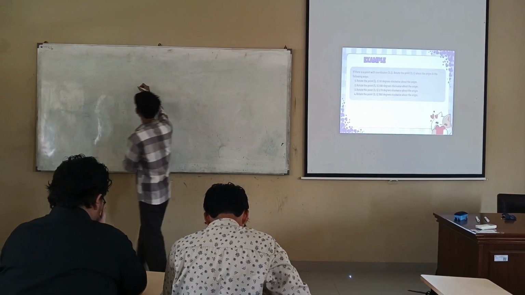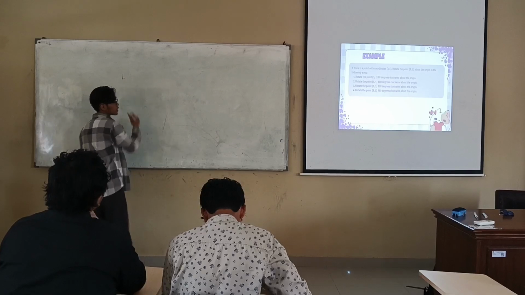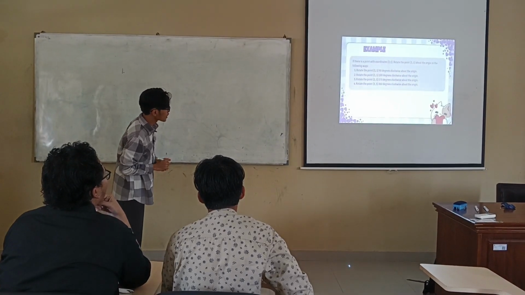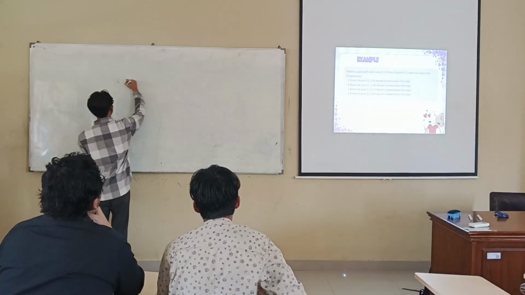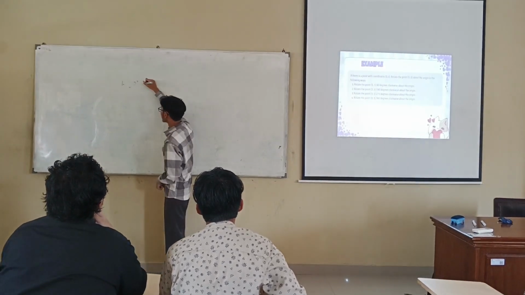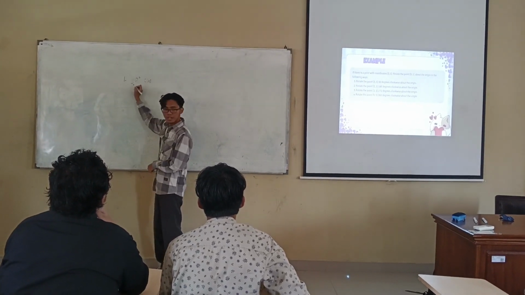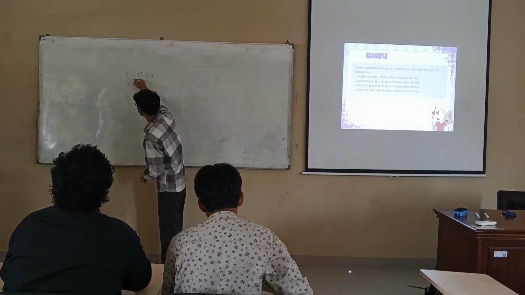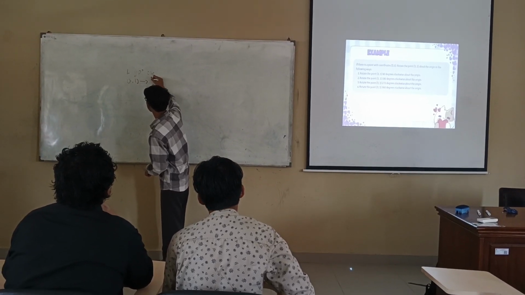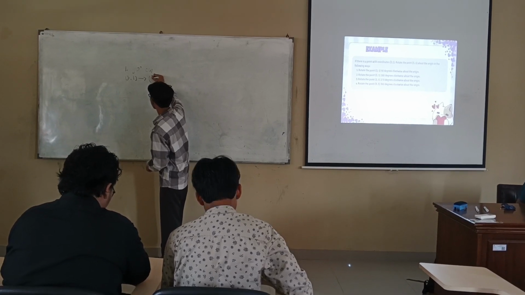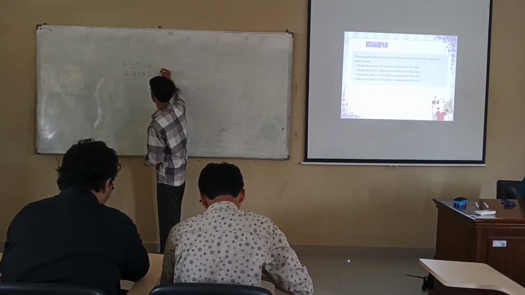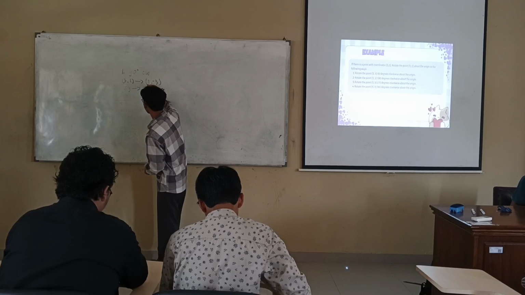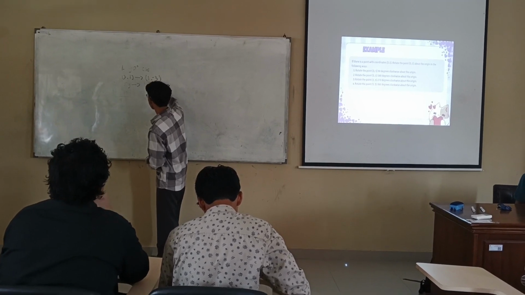Number 1: rotate the point 3, 1 90 degrees clockwise about the origin. What is the point? 3, 1, and we rotate 90 degrees. It becomes 1 and minus 3. Because if we have x, y and we rotate 90 degrees, it becomes y and minus x.